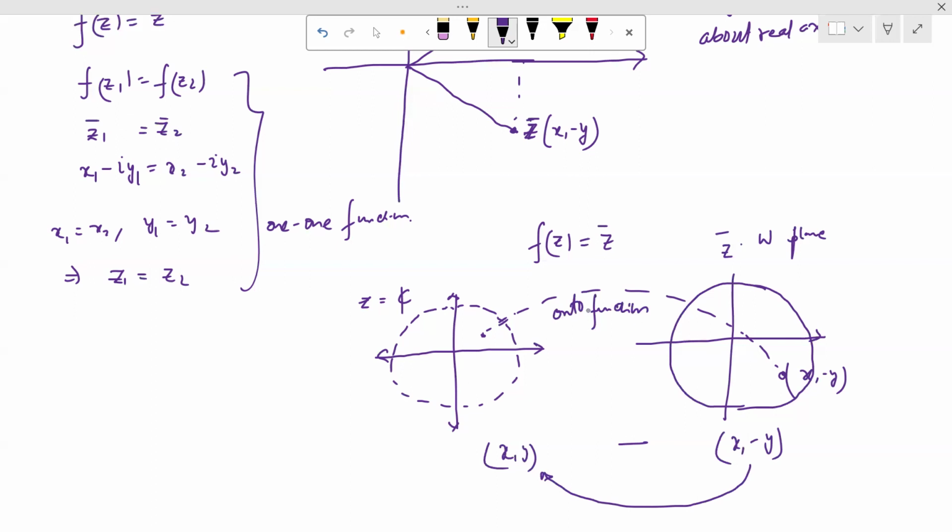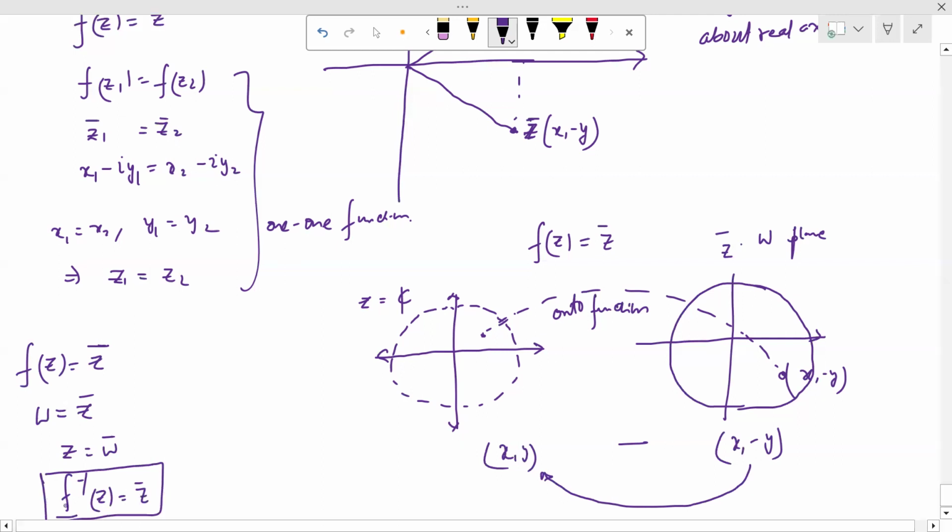So clearly this is an onto function also. This is a 1-1 or univalent function also. Therefore, f(z) = z bar is invertible also. And what is the inverse of this particular function? If w = z bar, then z = w bar. So basically f inverse of z is again z bar only. So the inverse of this particular mapping also exists.